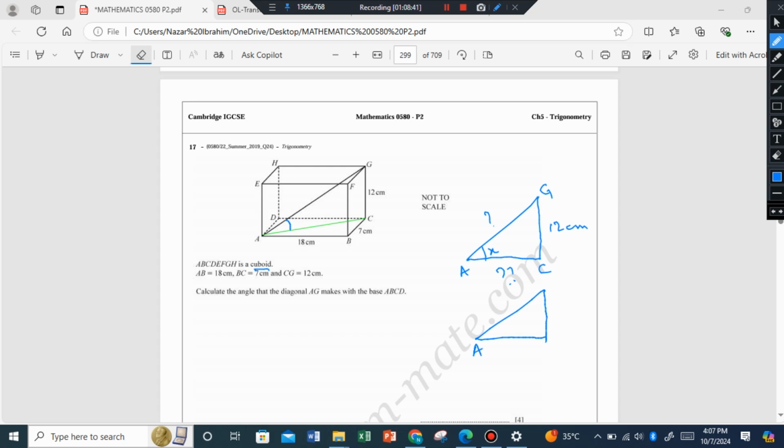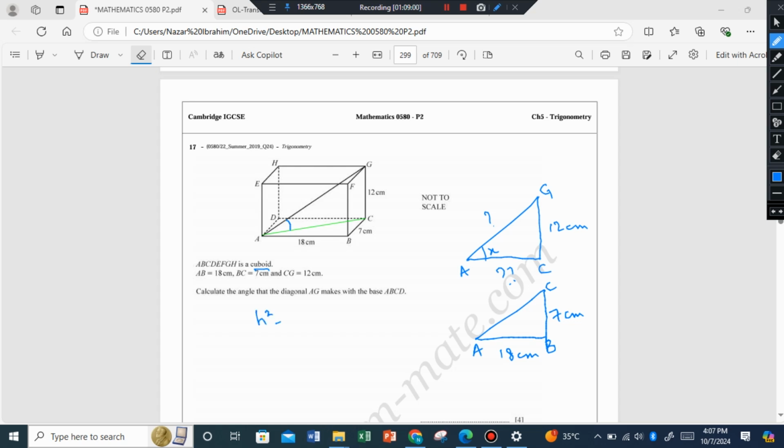So this is A, this is B, and this is C. BC is 7 centimeter, AB is 18 centimeter, and the line AC which I am required to find out, I can calculate by using Pythagoras theorem.